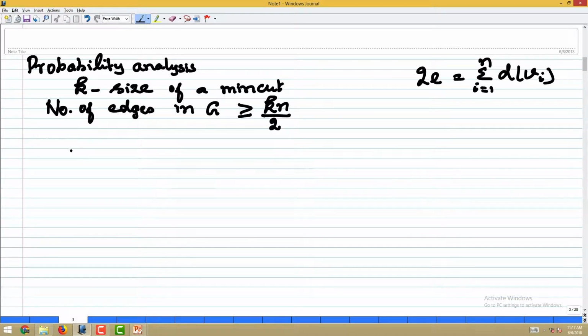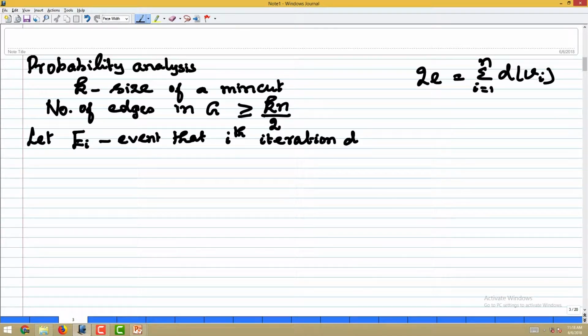Now, we will define some events. Okay. Let Ei be the event that the ith iteration does not contract any edge of C. C is min cut.